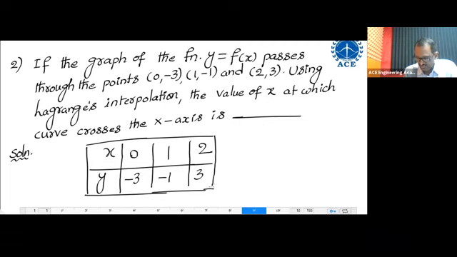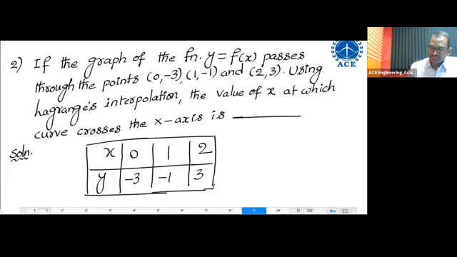No need to remember any Lagrange's interpolation formula. Directly we can find. Numerator: x minus 1 into, you are writing the first term, so delete the first term and then find x minus 1 into x minus 2.